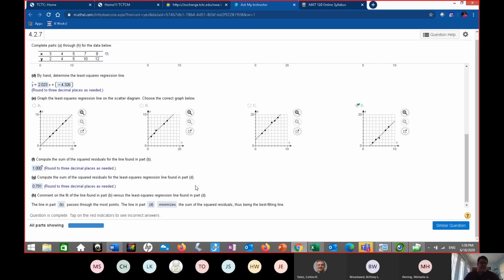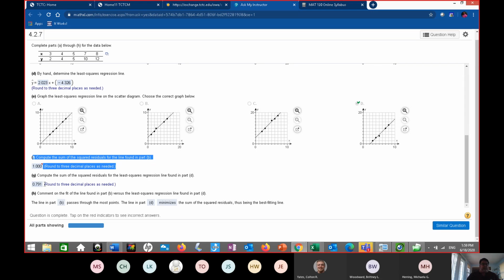None. So out of all the questions we've done today, that one right there, F, is about the dumbest one that they could ask. All right. We already got the 0.791. That's the residuals for the actual first curve, the legitimate one. And it passes through. So we're going to move on.